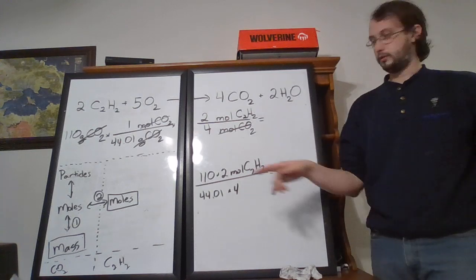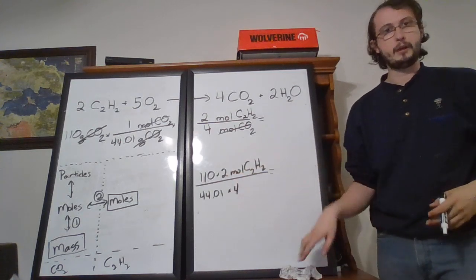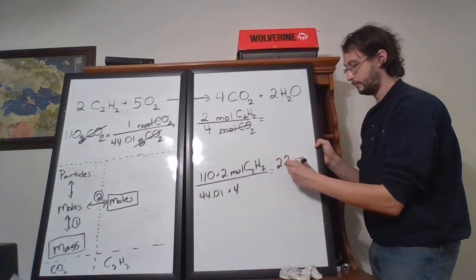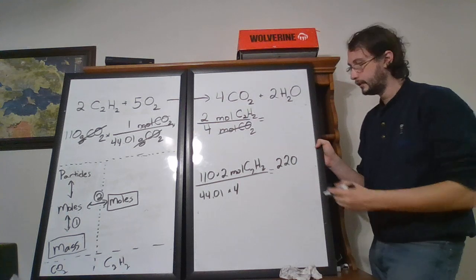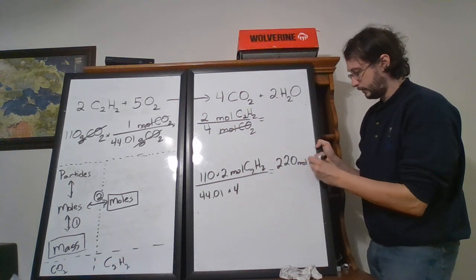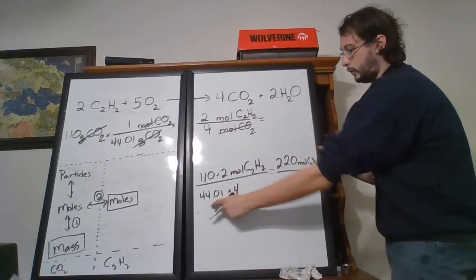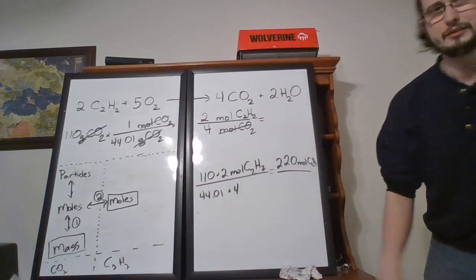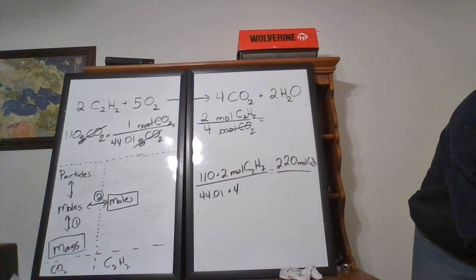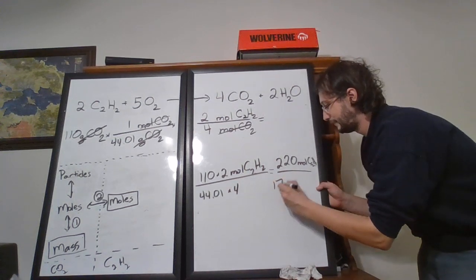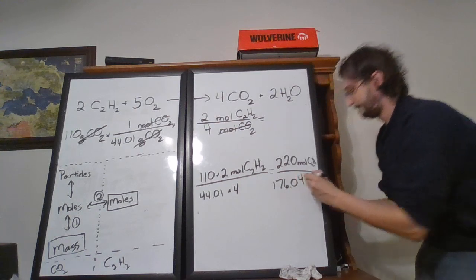Let's break this down into, let's do the math on top and the math on the bottom, then we'll divide. So 110 times 2, you can use a calculator, you can do the math in your head, it's 220 moles of C2H2 over 44.01 times 4. We'll do it in the calculator. 176.04.